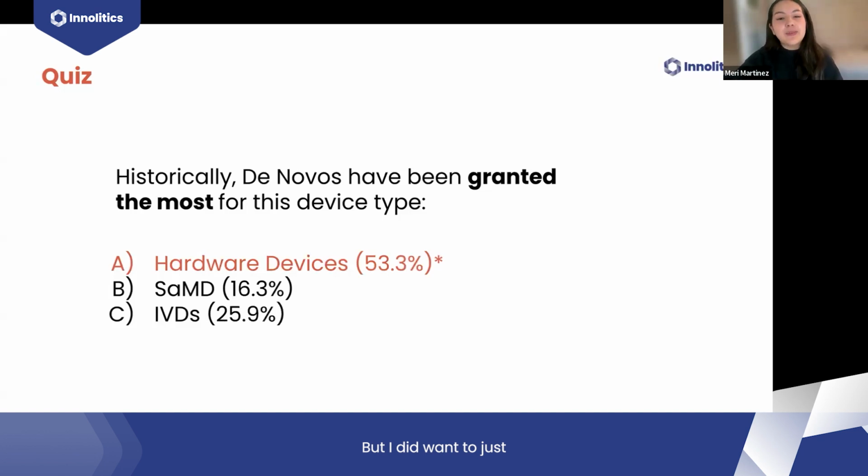But I wanted to bring this question up because it was very interesting to see that roughly half of these devices do have a software component. I was a little sad to see that only 16% were SaMD, but I would also be very curious to see the distribution in recent years, not so much historically. I wonder if these numbers have shifted. I would expect so, but I'd have to dedicate more time to see that.